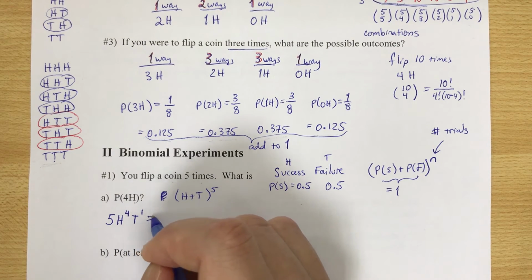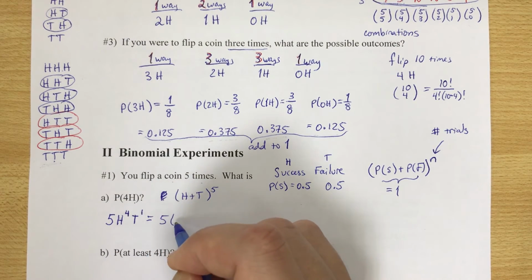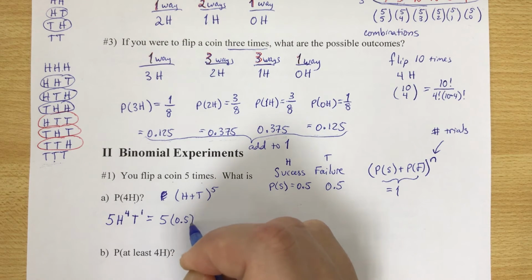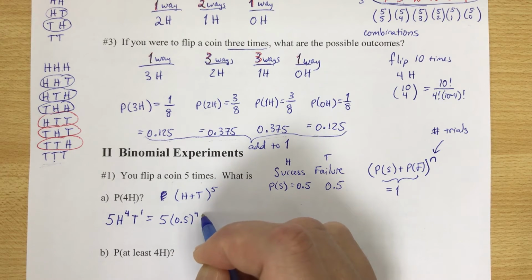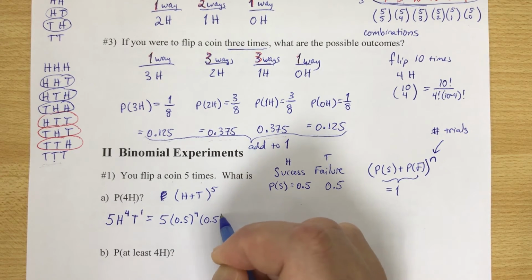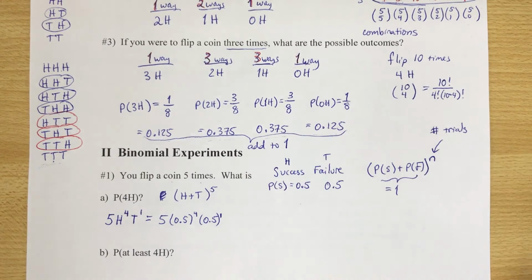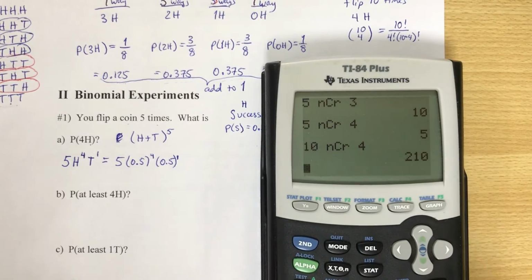Well, the probability of heads is 0.5. And the probability of tails is 0.5. And then what we do is we multiply.